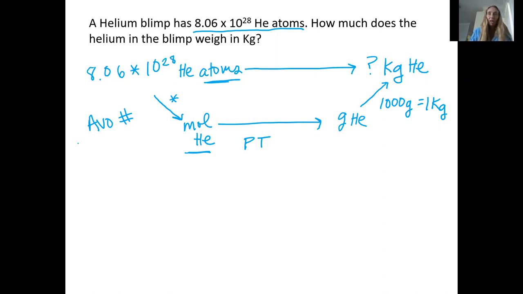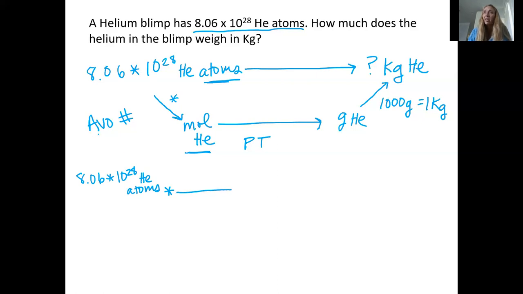Okay, so we're going to start this off, and hopefully I can fit this all into this one line right here. So we're going to start with 8.06 times 10 to the 28 helium atoms. Okay, and anytime I start, almost all the time, I'm going to start with that number on the top.